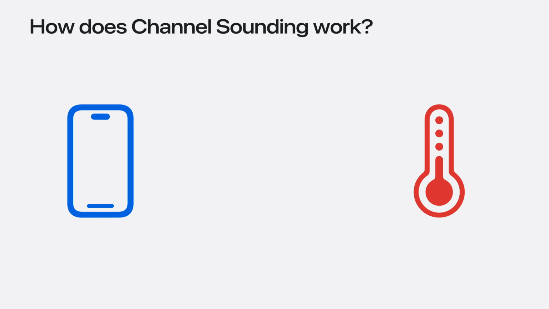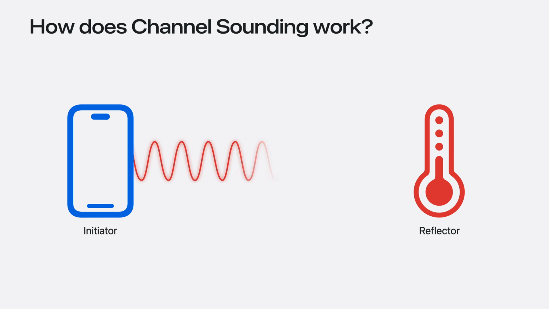So, how exactly does channel sounding work? Let's say we have an iPhone that is paired and connected to a Bluetooth accessory. In this scenario, the iPhone is called an initiator, and the accessory is called a reflector. The iPhone sends a signal, or tone, to the accessory, and the accessory reflects that tone back.